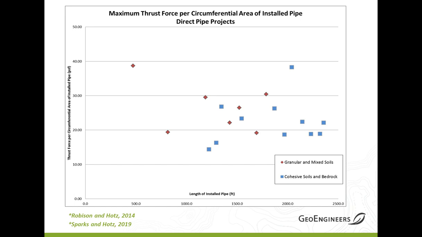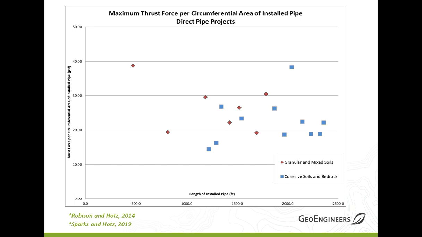Surprisingly, at least to me, and this is a limited amount of data, so take it for what it's worth, there didn't appear to be a correlation between the different soil types and the thrust forces needed to move the pipe through those soil types.